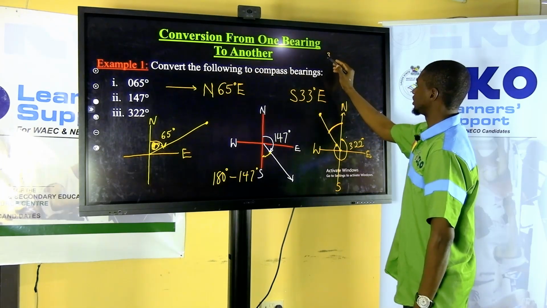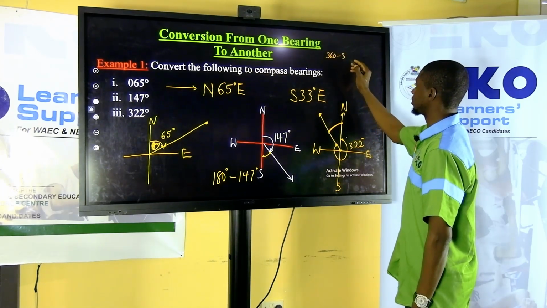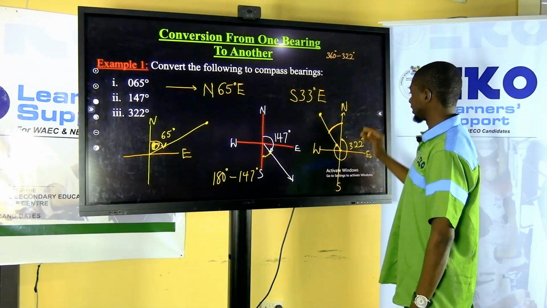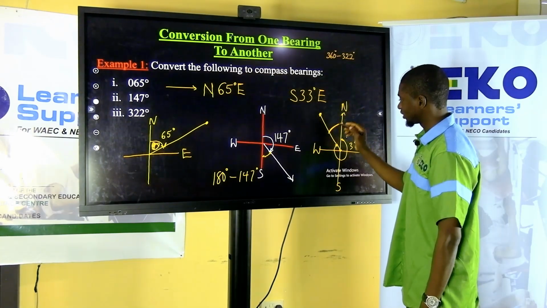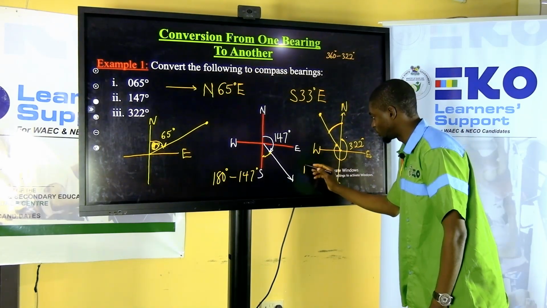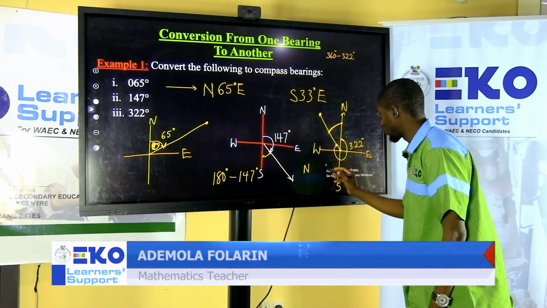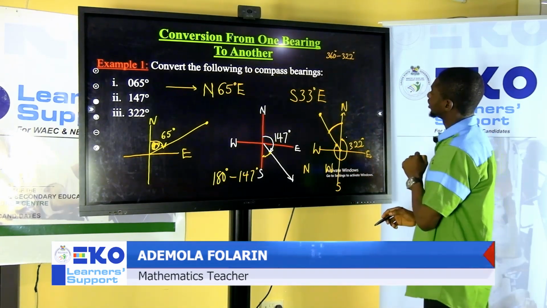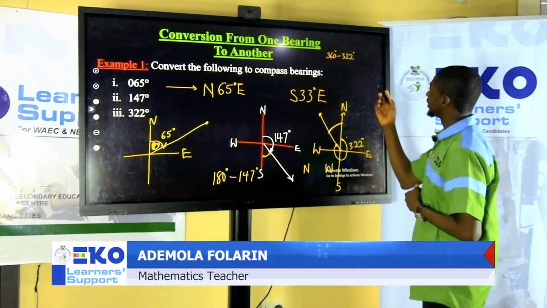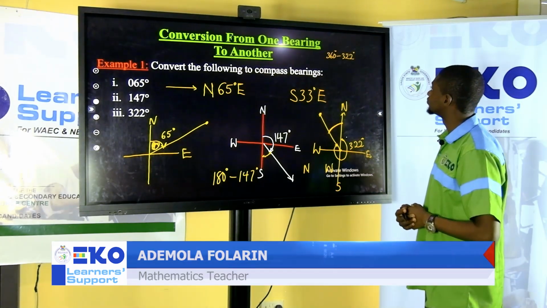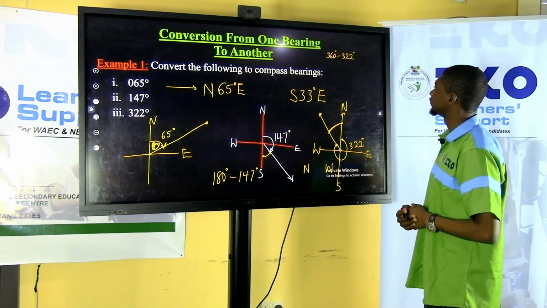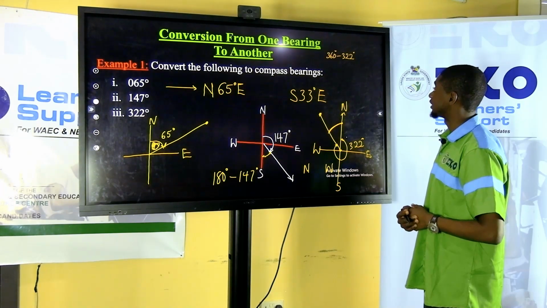Meaning you have to say 360 minus 322 degrees. So whatever that is, remember it falls under northwest. So let's say northwest. Let's keep that. So what will be the angle? Fantastic. That will give you 38, right? If we are together, yes, 38.